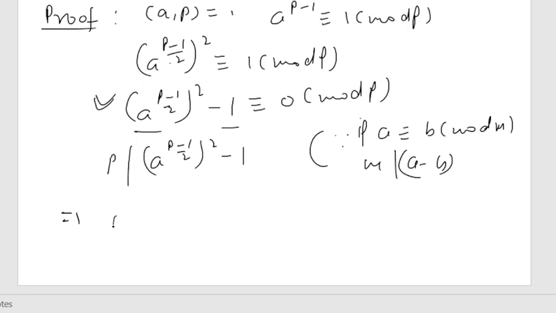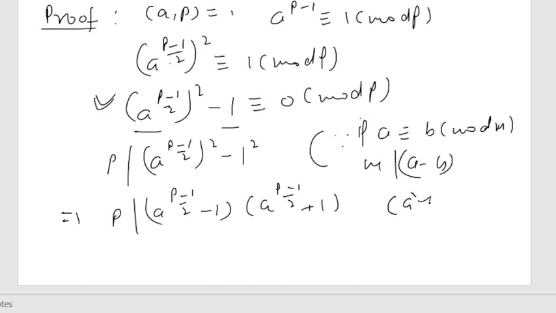This implies p divides a to the power (p minus 1) divided by 2 minus 1, and a to the power (p minus 1) divided by 2 plus 1. What we have done here, we have used the formula a square minus b square is equal to (a plus b)(a minus b).